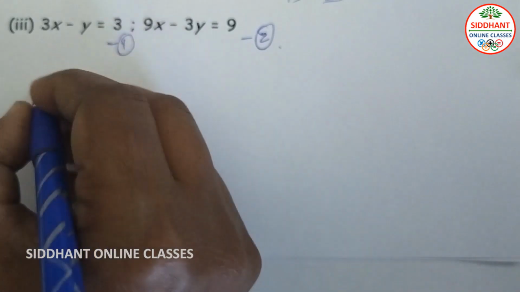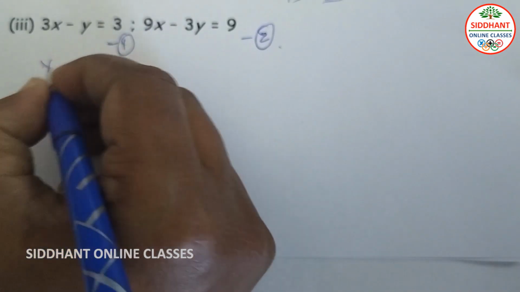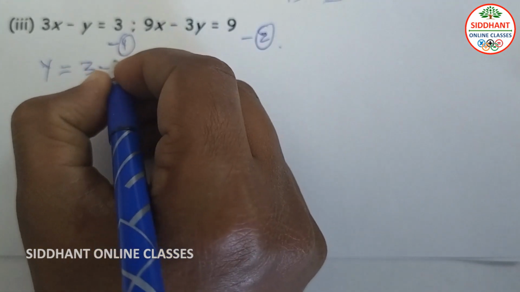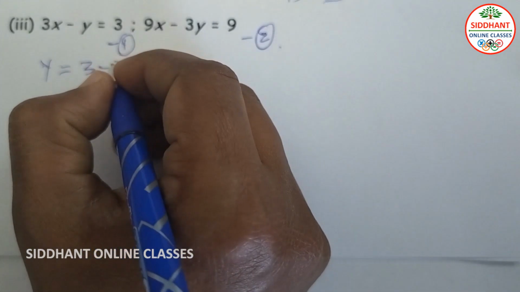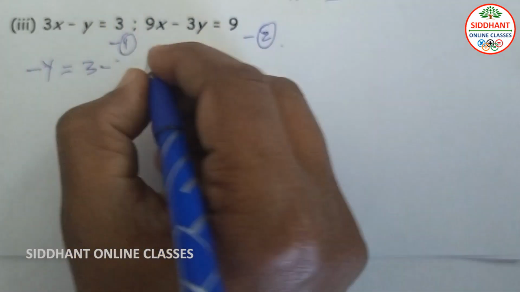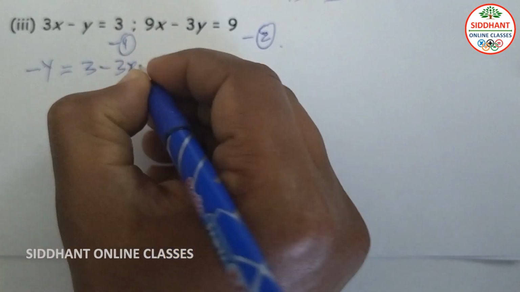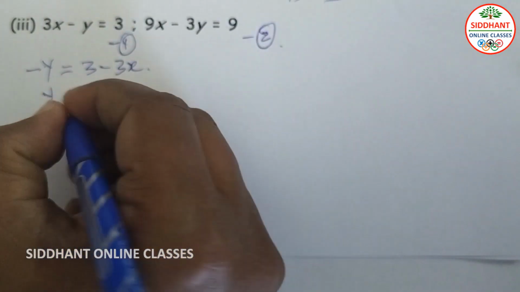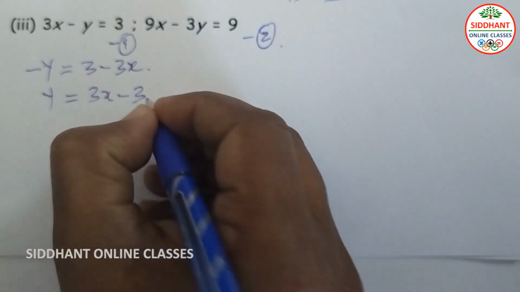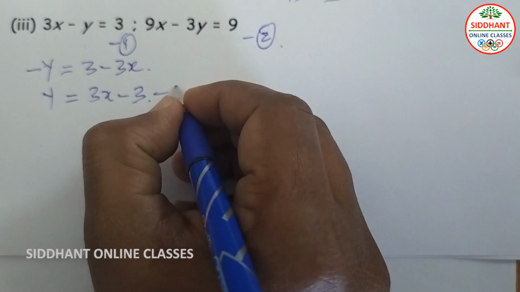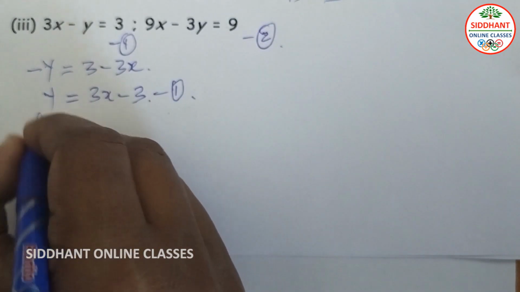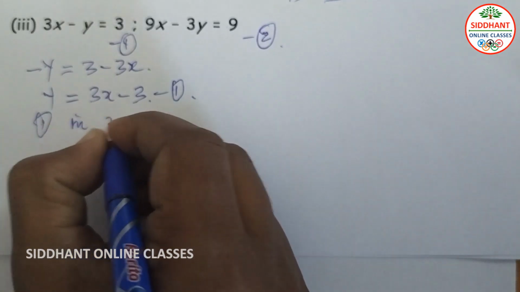So now we know, from the first equation, minus y equal to 3 minus 3x, and y equal to 3x minus 3. This is the y value, and we are going to put it in equation 2.